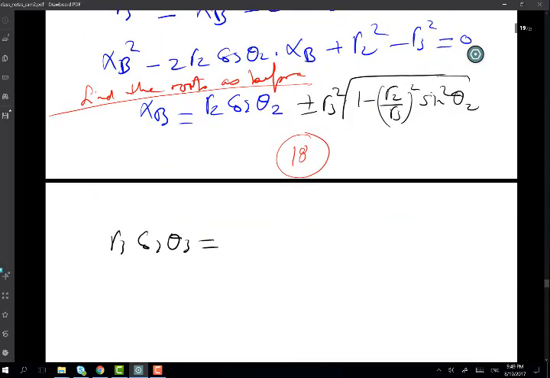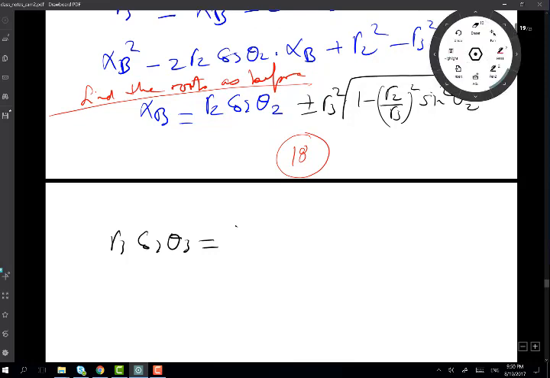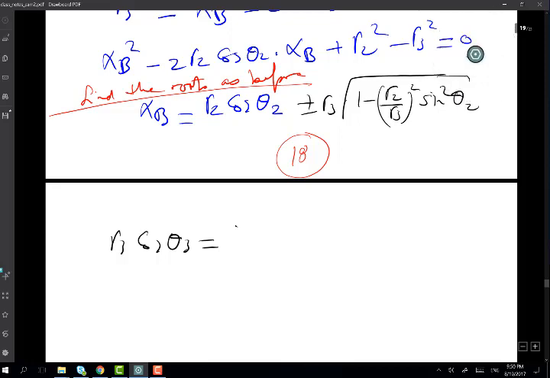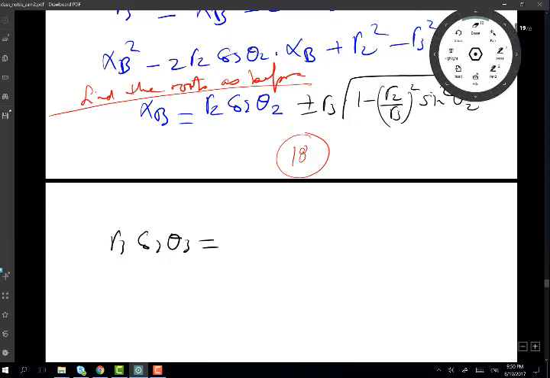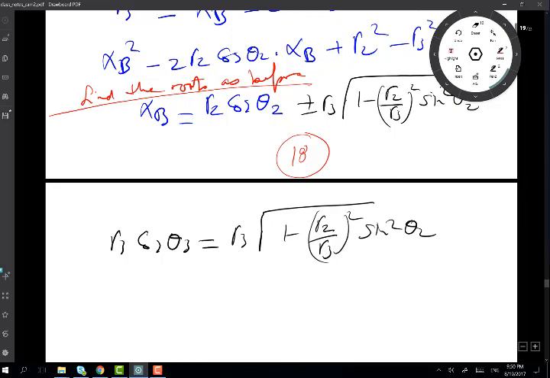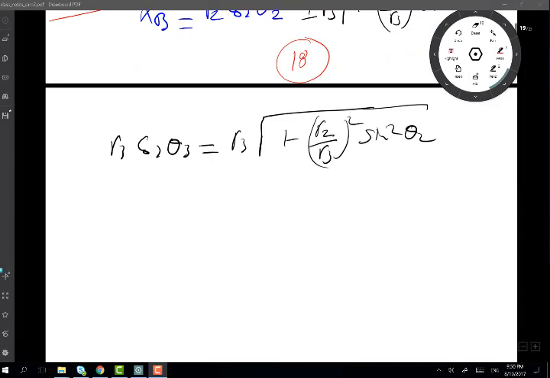Now this R3 is not squared, just R3 over here, so it's R3 into 1 minus R2 over R3 squared sine squared theta 2. At this point I can just cancel R3 against R3 on each side.